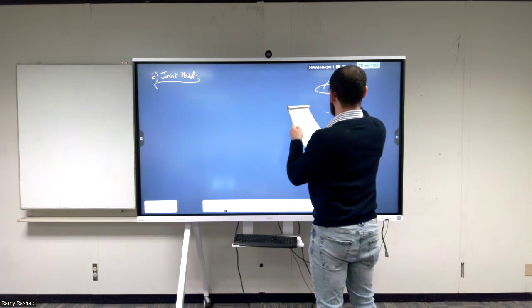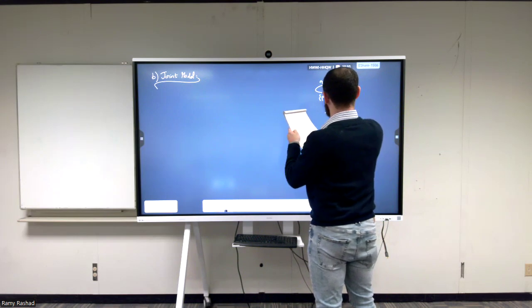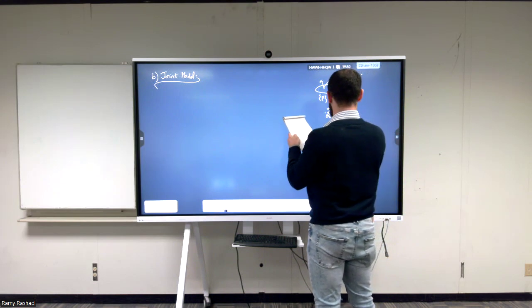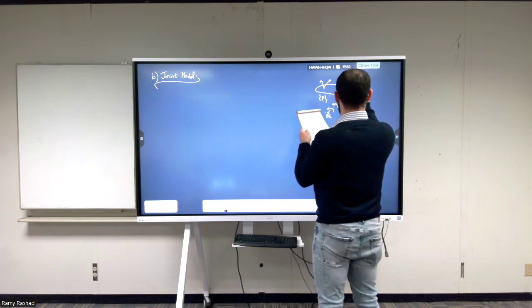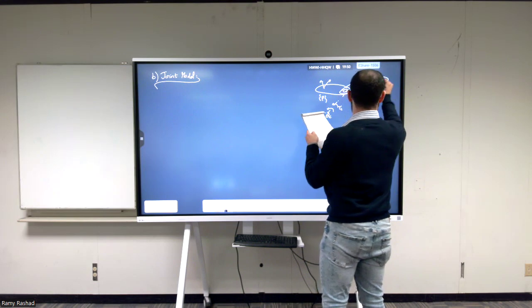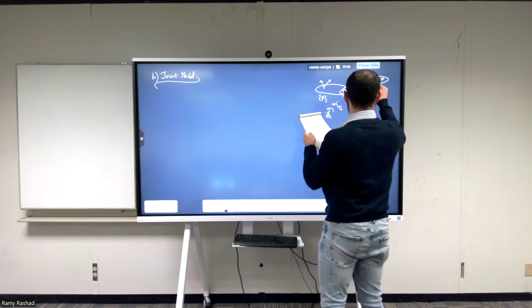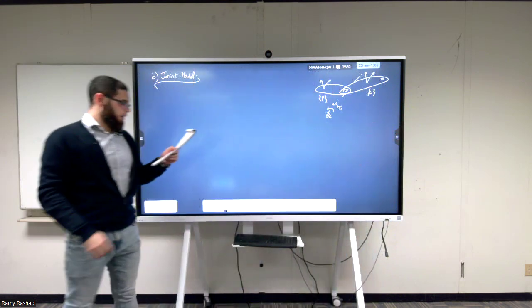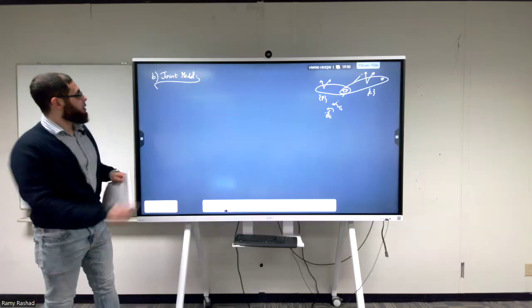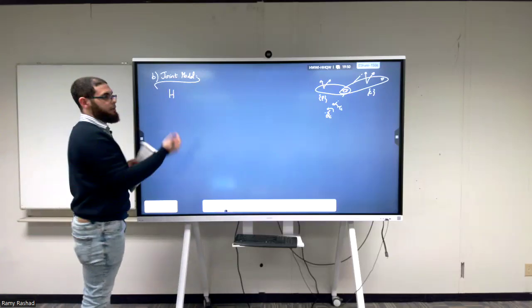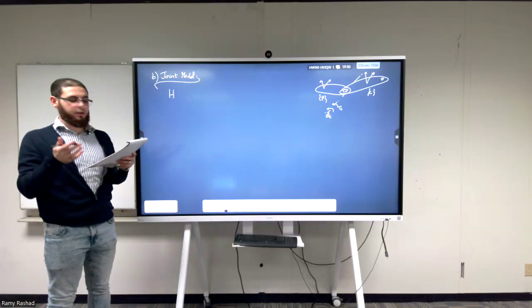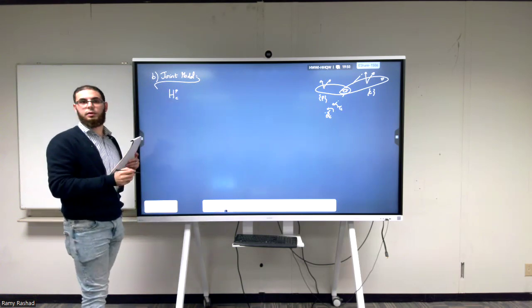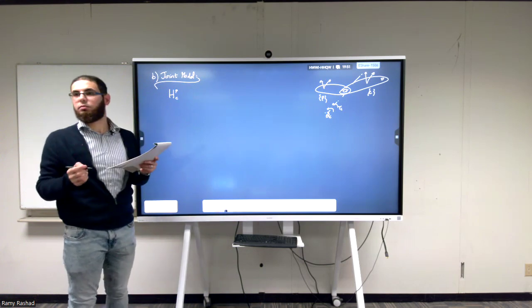Okay, so this is P. That's it. Okay. The relative pose between the child and the parent frame is a function of what?